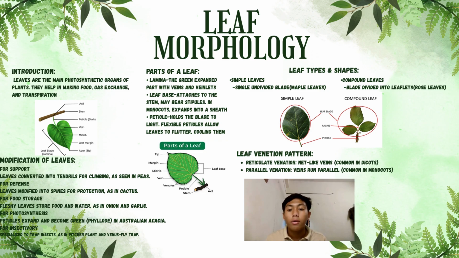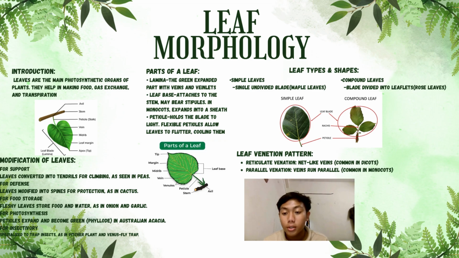They also have many modifications of leaf, such as for support. Leaf converted into tendril for climbing is seen in peas. For defense, leaf modified into spine for protection as in cactus. For food storage, fleshy leaves store food and water, as in onion and garlic.